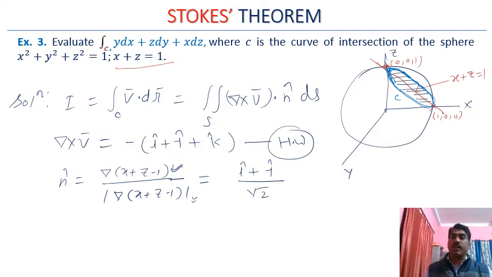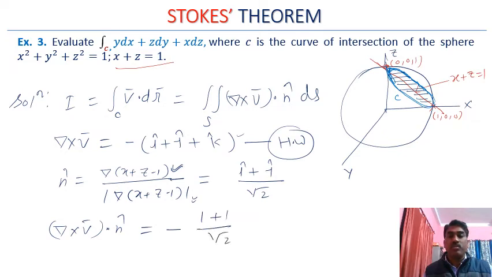Now we will find curl V dot n. So del cross V dot n. What is this? So this is del cross V, so i dot minus, first take minus, so this is 1 plus 1 by root 2. So this is just minus root 2.